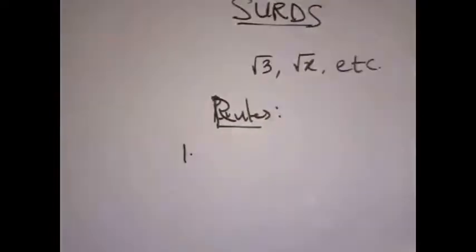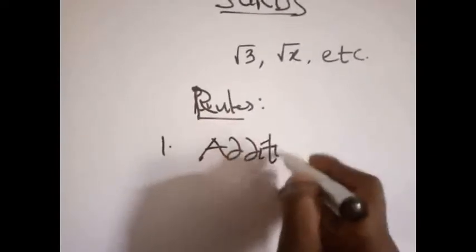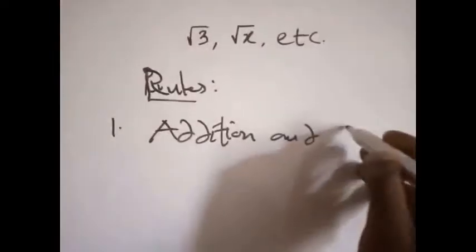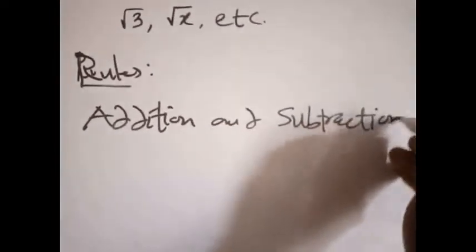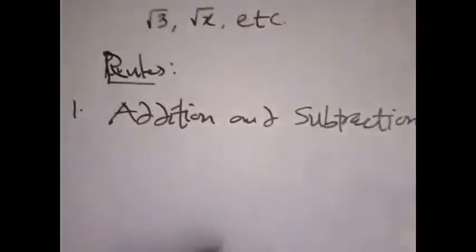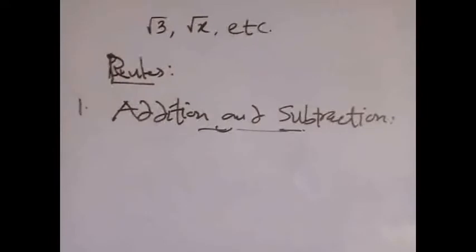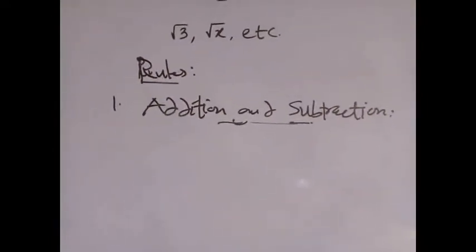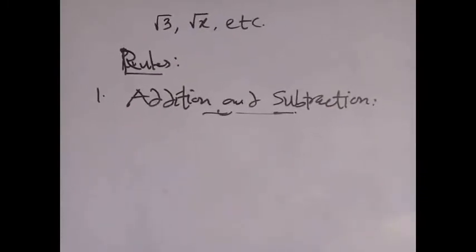Number 1 is addition and subtraction. Addition and subtraction rule deals with the combination of roots of similar numbers or elements.